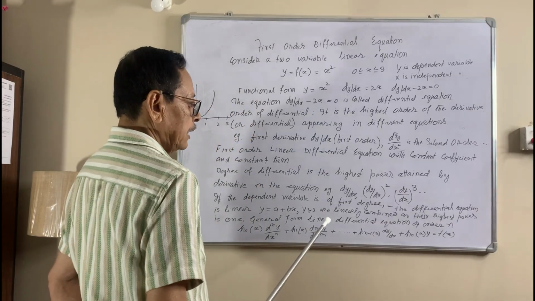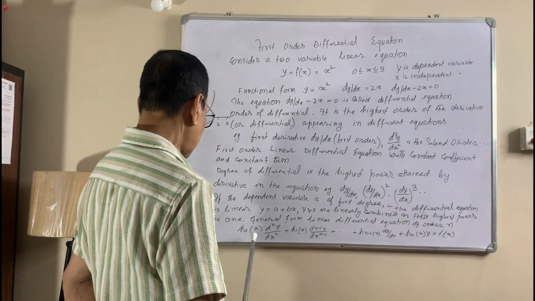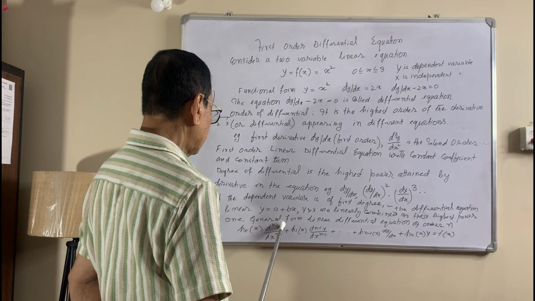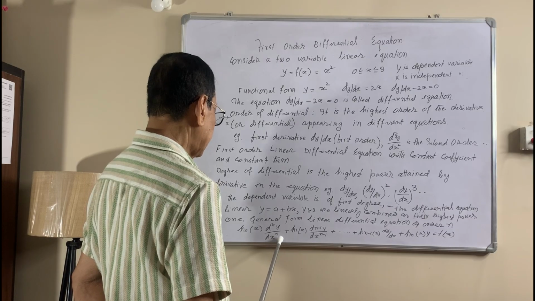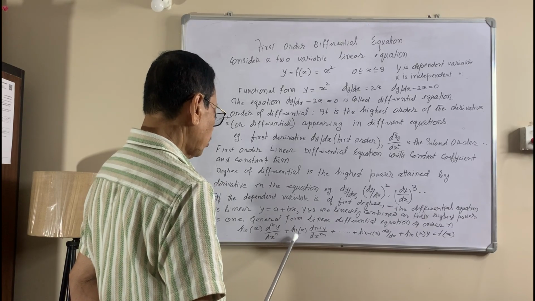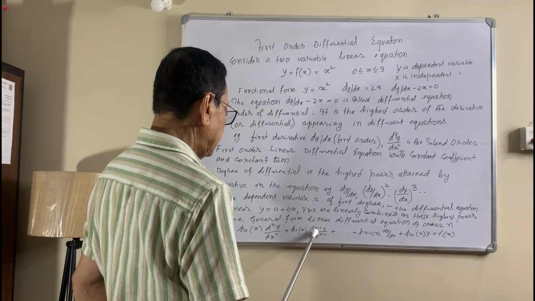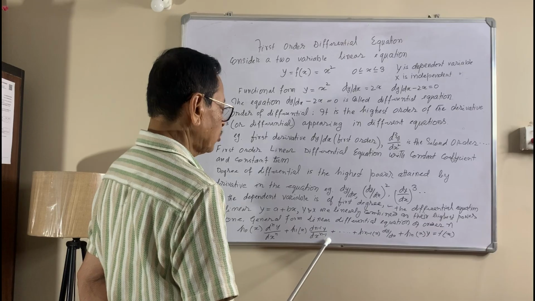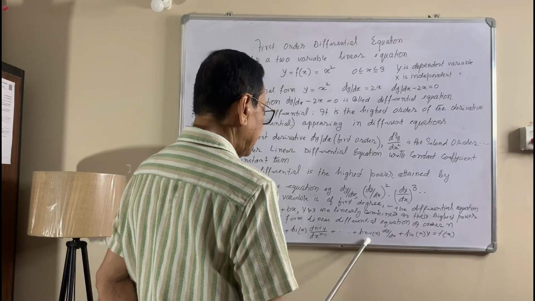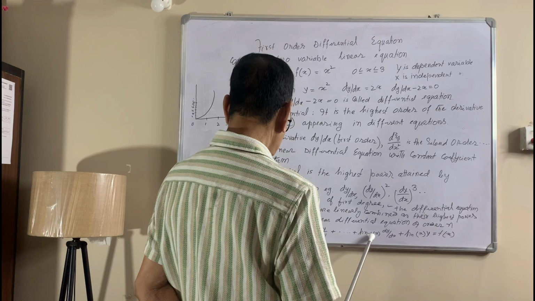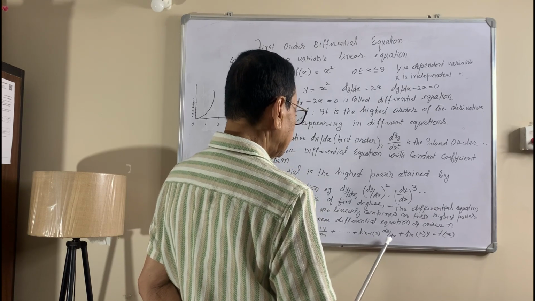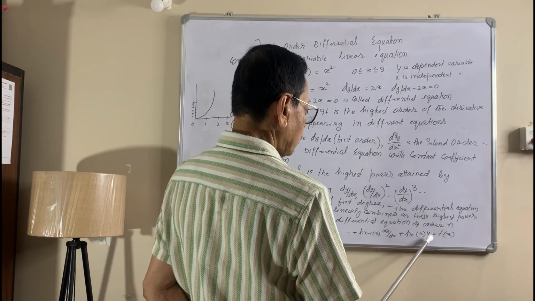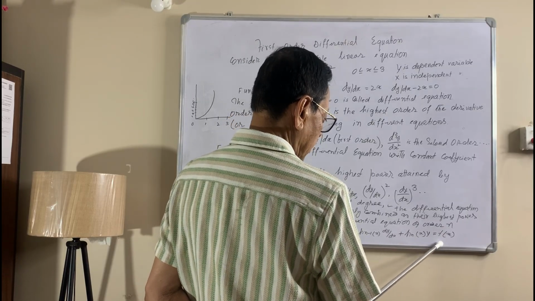Suppose the order is n. So h naught(x) d to the power n y by dx to the power n, plus h1(x) d to the power n minus 1 y by dx to the power n minus 1, plus and so on, like h n minus 1(x) dy by dx plus h n(x) y is equal to f(x).